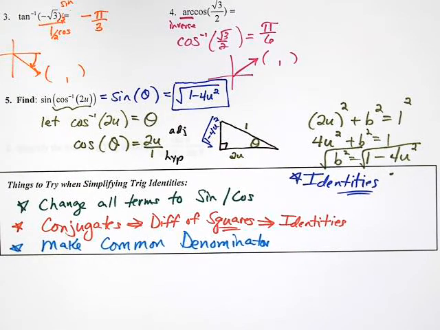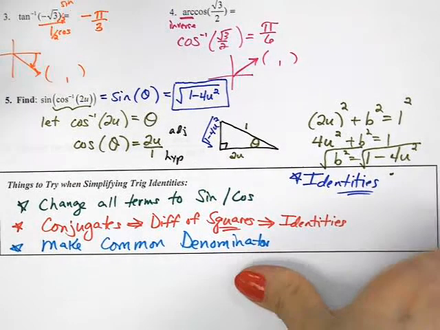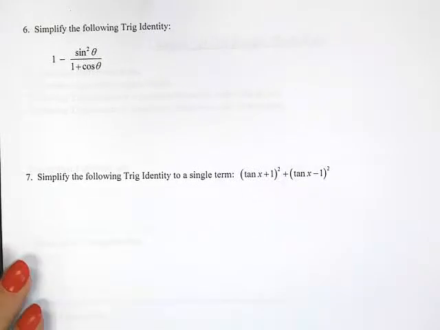Let's see, what are other things to try? Let's try some and see if anything else comes to mind. You could always play with things. If you don't like it, you could abort. Try some more.